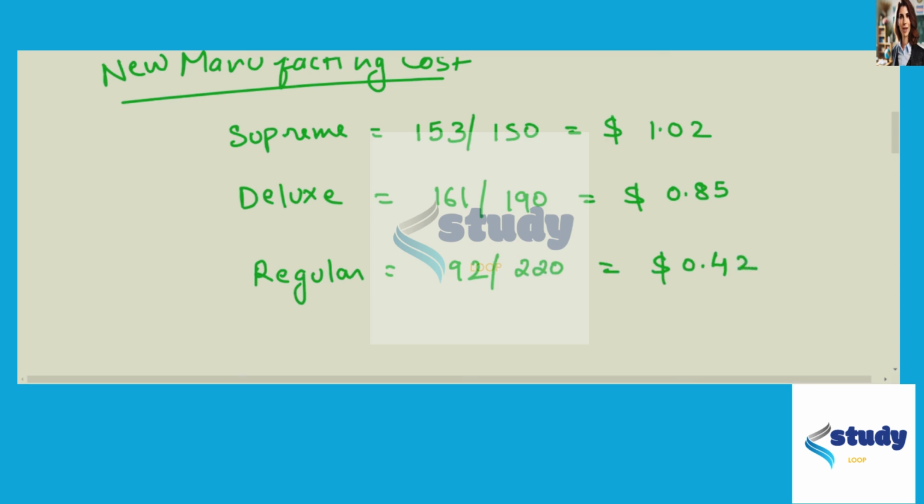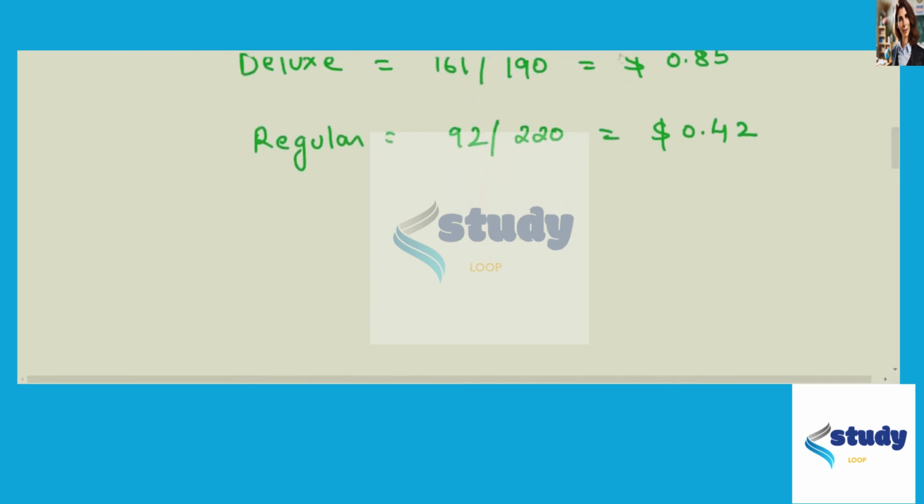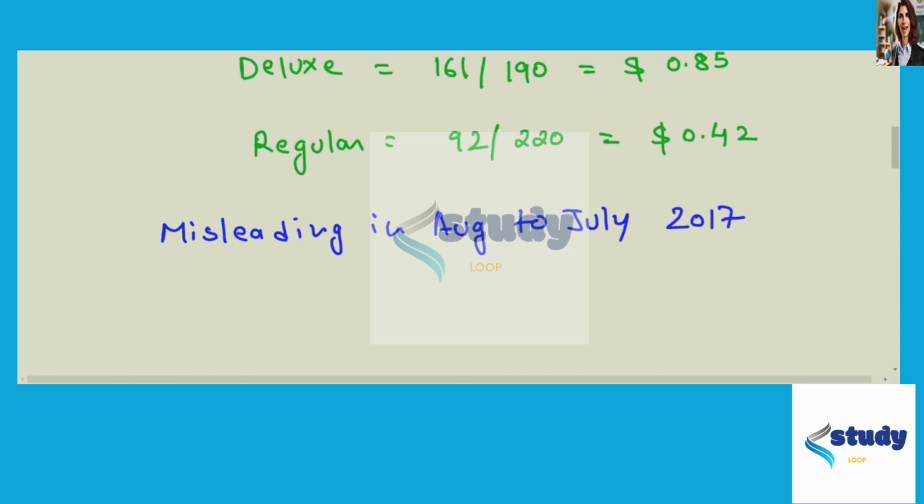Now we'll find out the misleading changes, in August month to July month 2017. Now, firstly, we'll take Supreme.